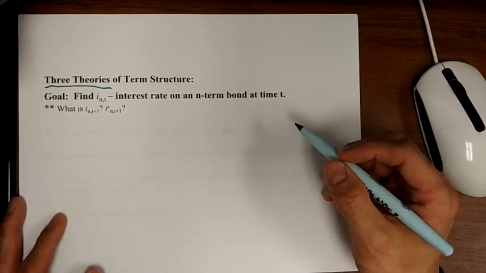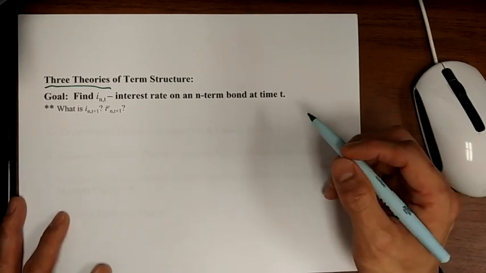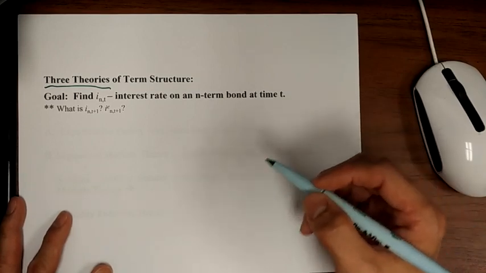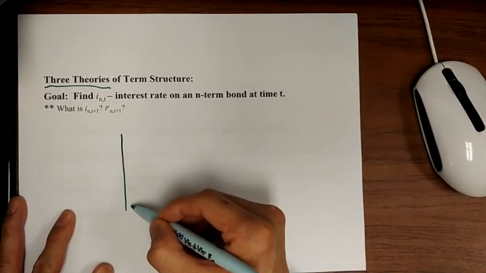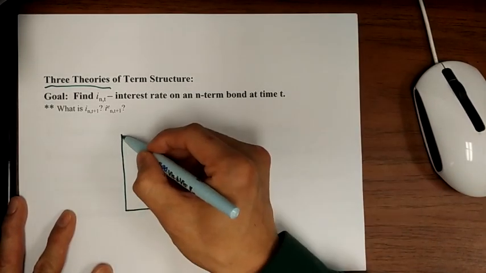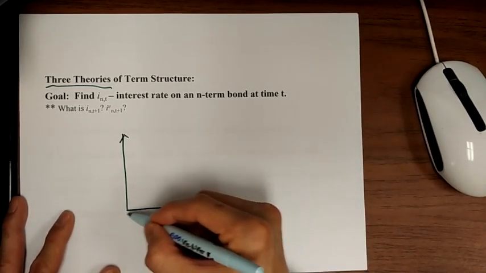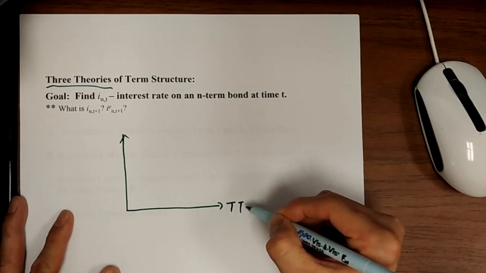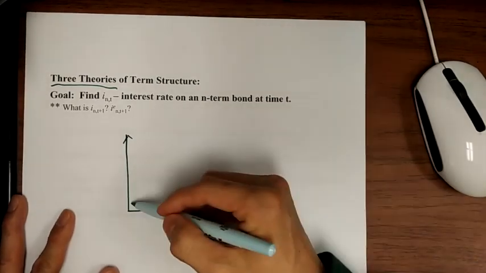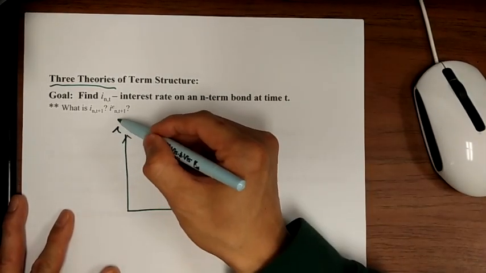That is, we want to introduce three theories to explain why we see all those shapes of the yield curve. Remember what a yield curve is? The variable on the x-axis is time to maturity. The variable on the y-axis is interest rates.